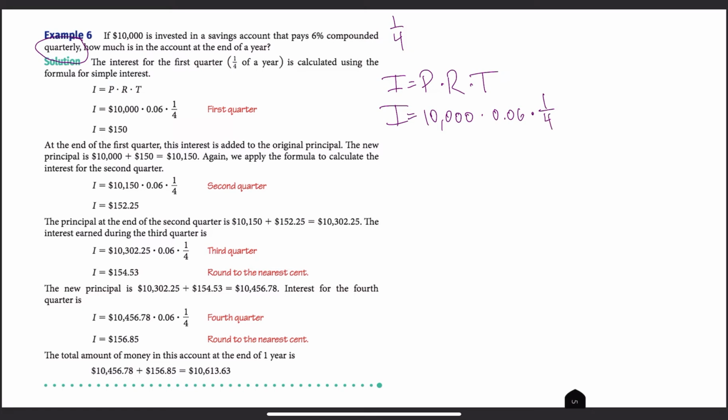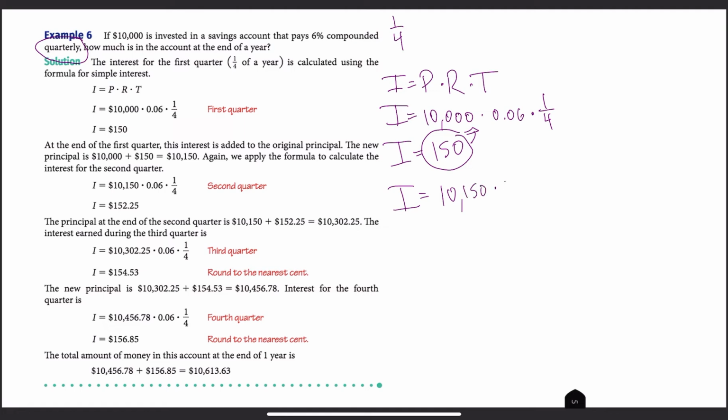You could write it as 0.25 or as the fraction 1/4. Then we'll calculate that this is $150 in interest. So then what we'll do is we'll take this, we'll add it to our 10,000, and we'll make that calculation again, but by adding.